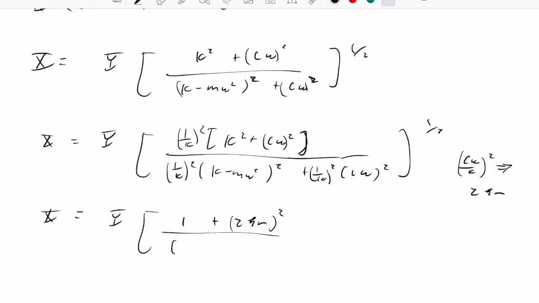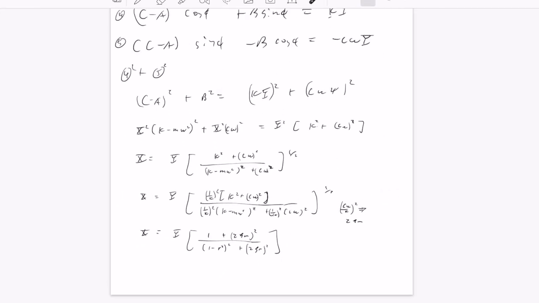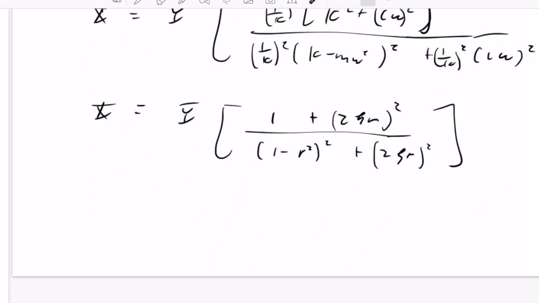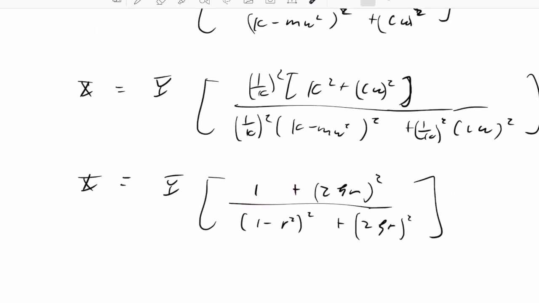Okay, and then the denominator becomes 1 minus r squared, squared, plus 2 zeta r squared. Okay, so what do you notice about this? This was from the k, and this is from the c omega, and they're just added together.